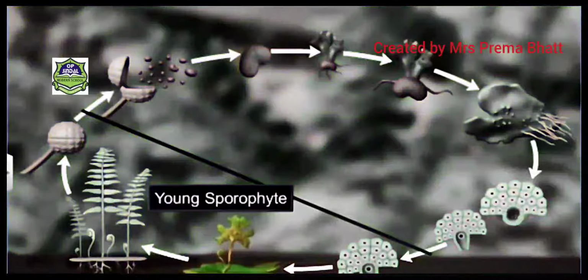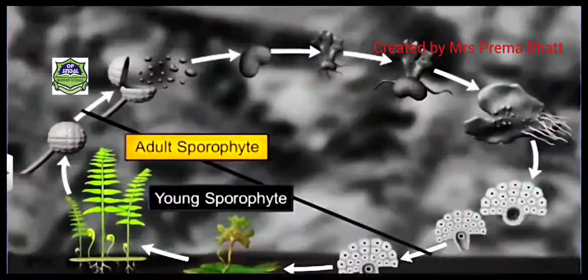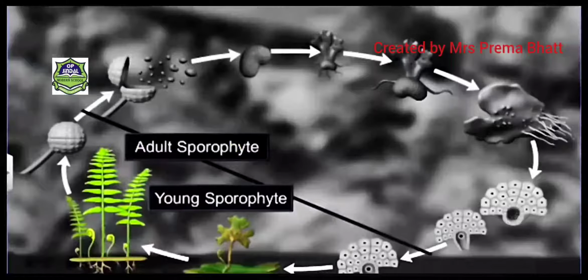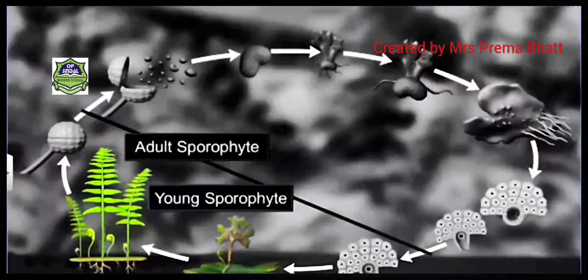So there is an alternation of a sporophytic phase and gametophytic phase.